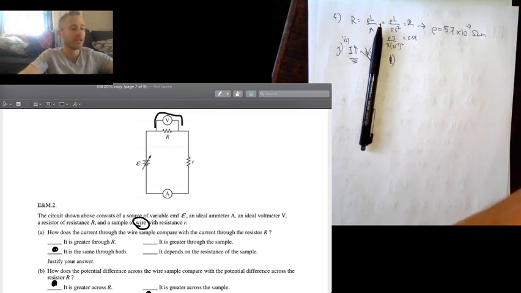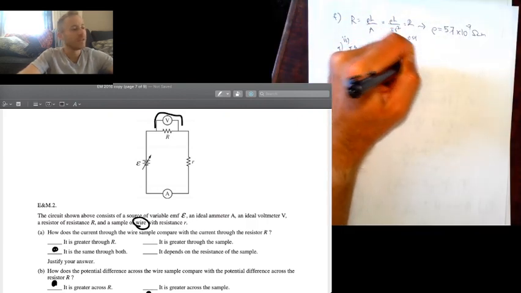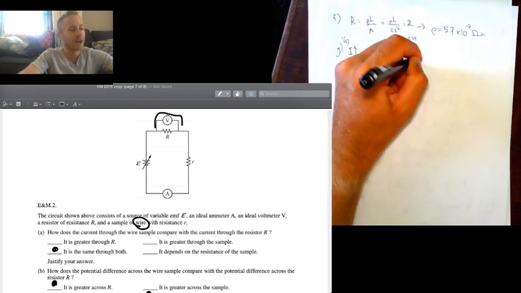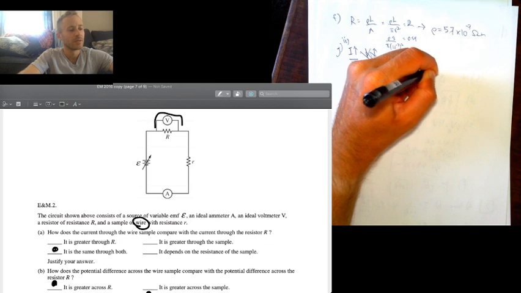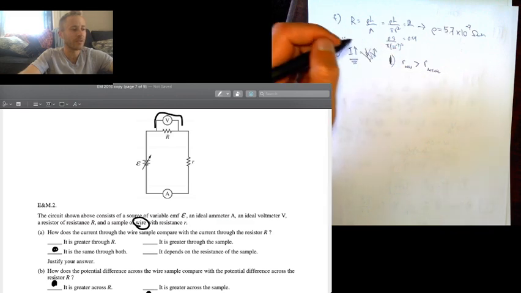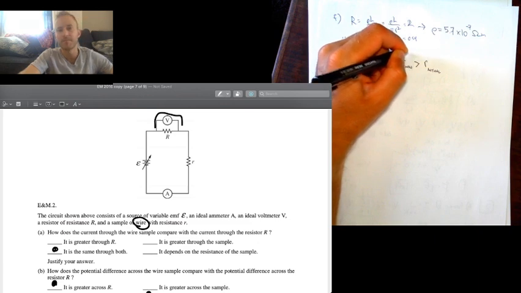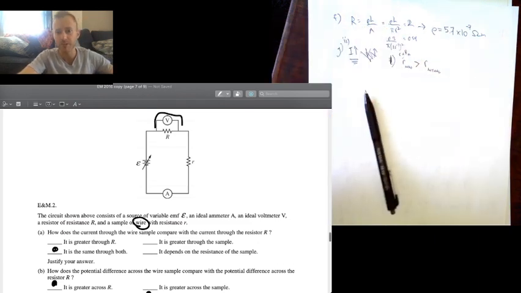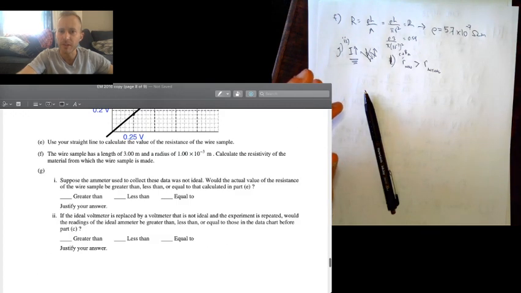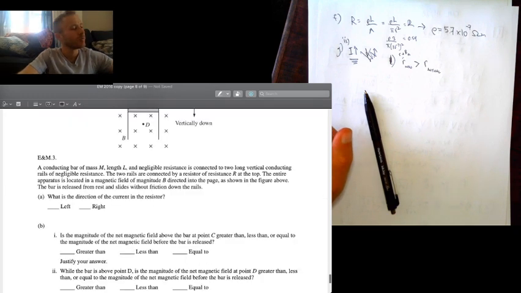So what we're going to get is the measured little r is going to be greater than the actual little r, because this measured little r is actually going to be its actual resistance plus the resistance of the ammeter. Okay, that's what you would be measuring. So I would say the actual value would be less than. Okay. Part 3.